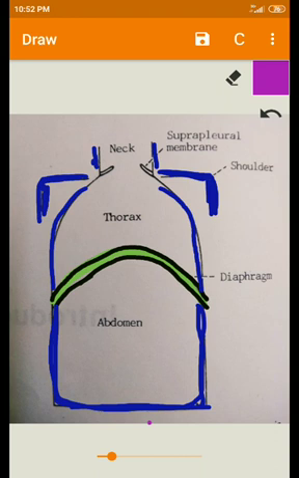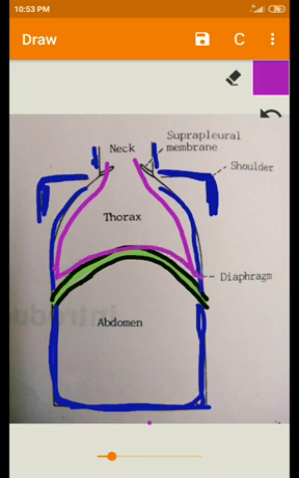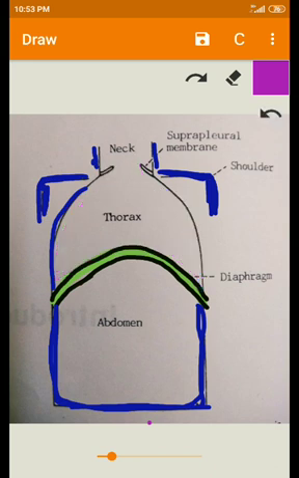Dear students, welcome back. Now we will see the shape of the thorax. Here the thorax resembles a truncated cone. Yes, it is a truncated cone shape which is narrow above and broad below.